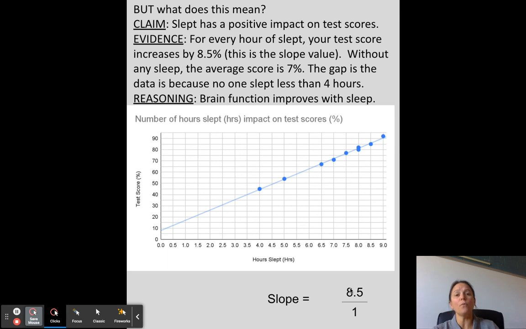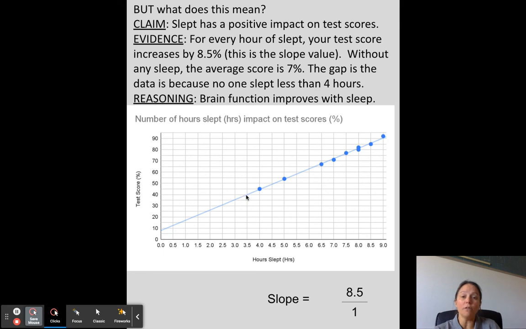And so what else can we say about this data? Well, what does this 7 mean? That means if I have 0 sleep, that means my score should be a 7. What else does this data say? Well, there's this big gap over here. There's no data over here. So why isn't there any data?